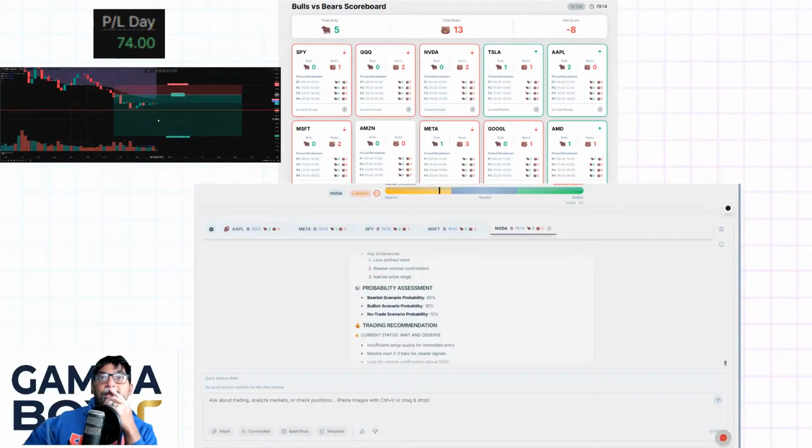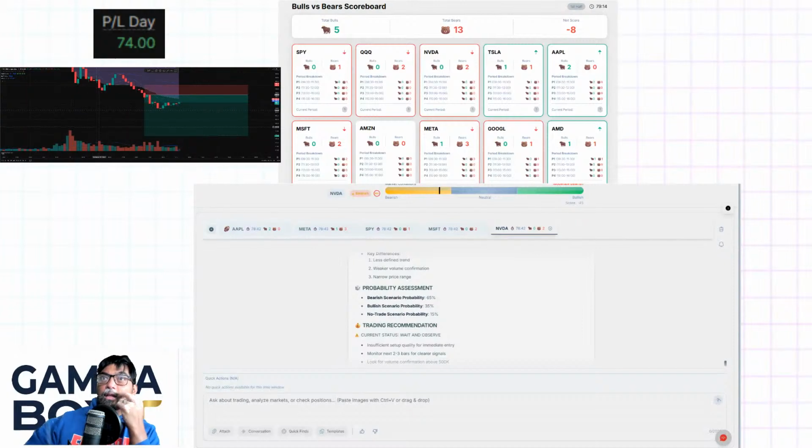I kind of feel like it's coiling here a little bit, and that's what I'm waiting on. Identify this as the low of the day. Where am I at?